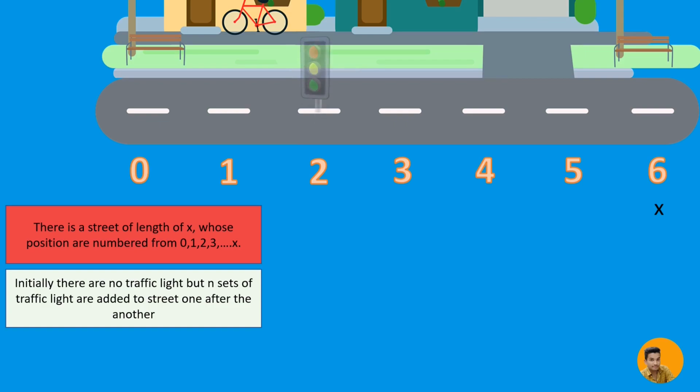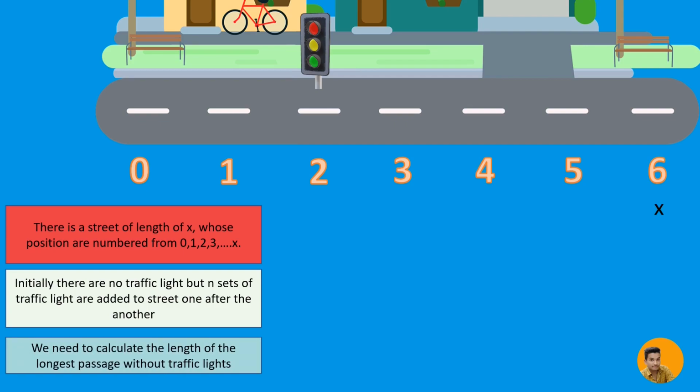Let's add a traffic light at position number 2. Now, we need to calculate the length of the longest passage without traffic light. So when we add this traffic light at position number 2, this addition now breaks the longest passage into two parts.